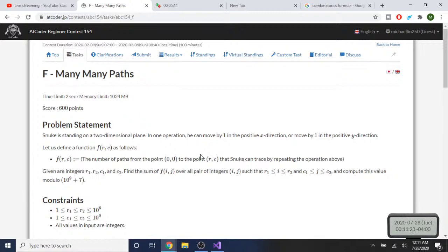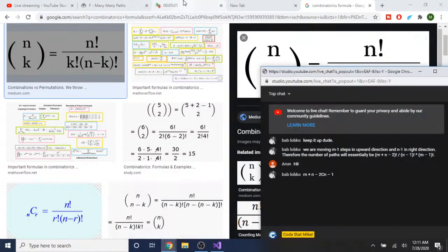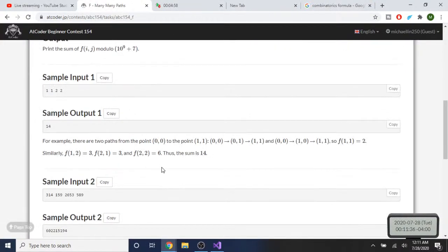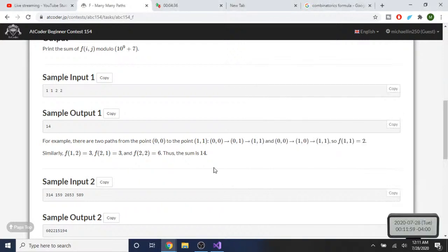You know, that sounds right, but I'm not really sure how you got that answer. If you're going from 0, 0 to RC, how many paths can you go? You could go n minus 2 plus 1 times... Why is it minus 2?